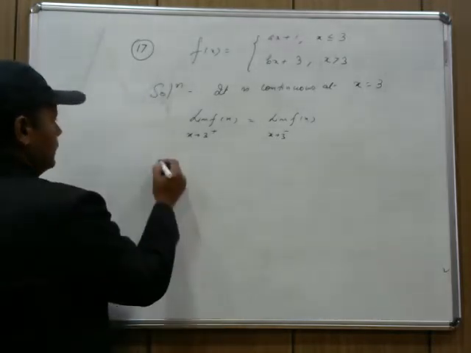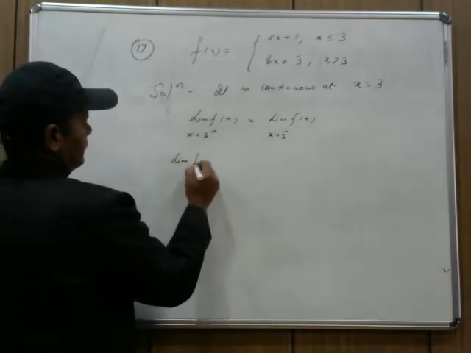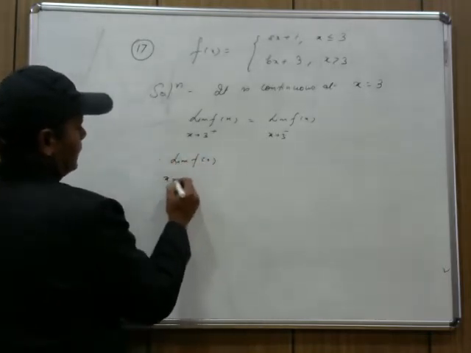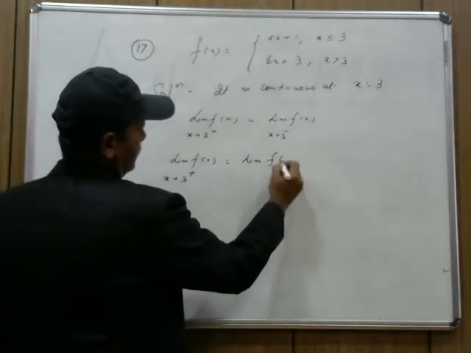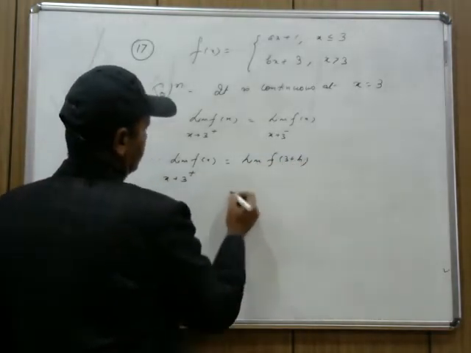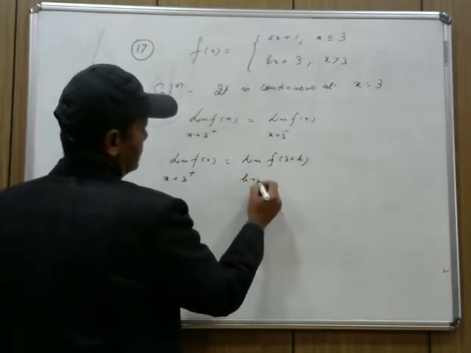Okay, now limit f of x as x tends to 3 plus, write limit f of 3 plus h, h tends to 0.